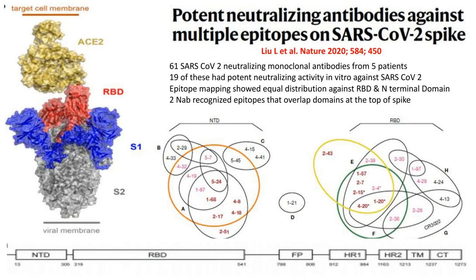After mapping the neutralizing antibodies, epitopes were mapped on the spike protein, and it was found that there seem to be about 19 different epitopes which can provide protection and neutralization. So it was not only the RBD portion, but other sites on the spike protein, which, when bound to the antibodies, would lead to neutralization.